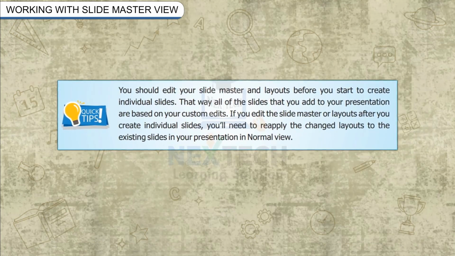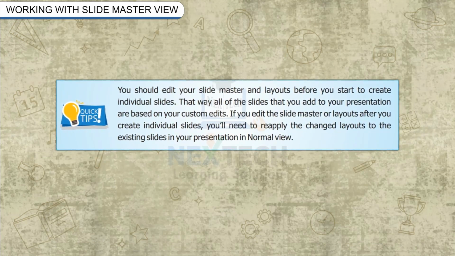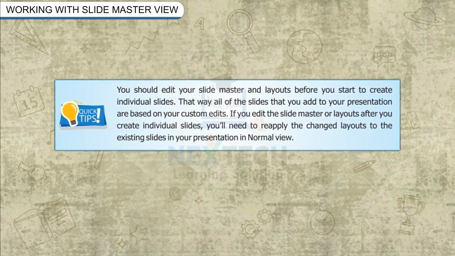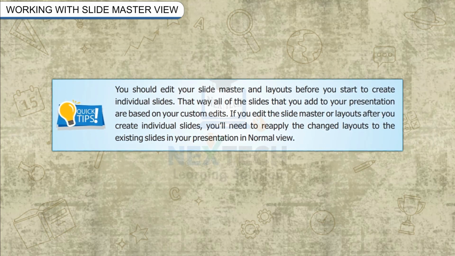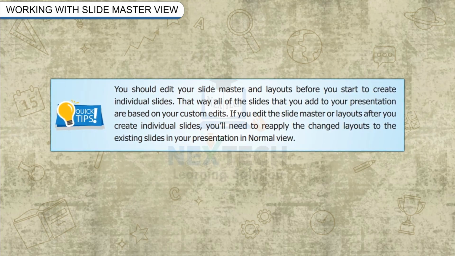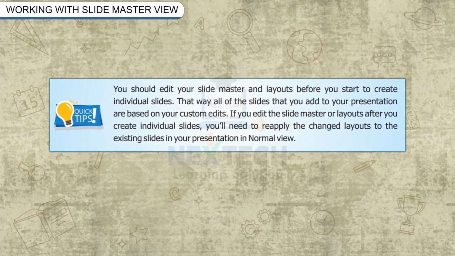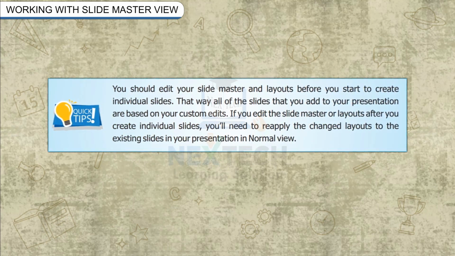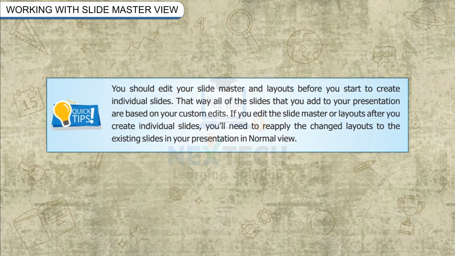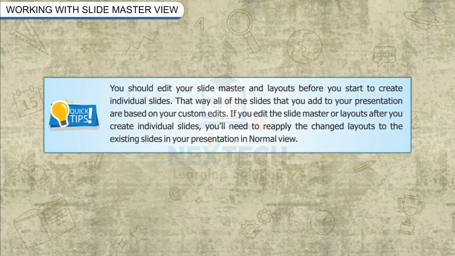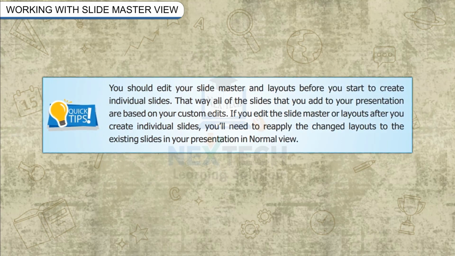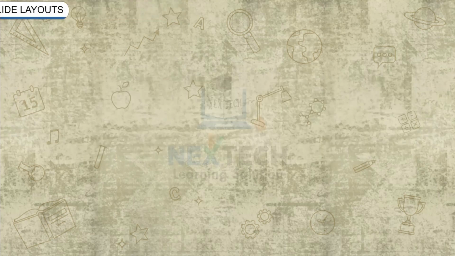Quick tips. You should edit your slide master and layouts before you start to create individual slides. That way, all of the slides that you add to your presentation are based on your custom edits. If you edit the slide master or layouts after you create individual slides, you'll need to reapply the changed layouts to the existing slides in your presentation in normal view.